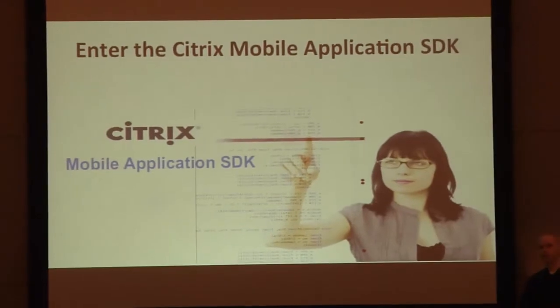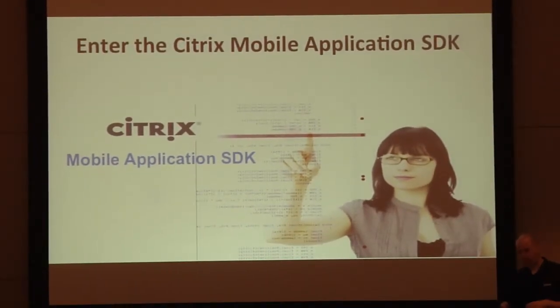Earlier we mentioned the Mobility Pack, which is different than the Mobility SDK. The Mobility SDK is a lot like Phonegap, where it's going to give you access to a lot of the mobile device features, and you don't have to develop a mobile application, so you don't have to use Xcode or Objective-C or anything like this.